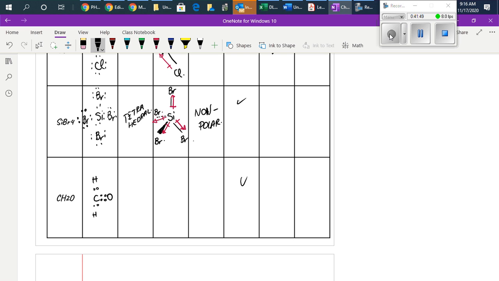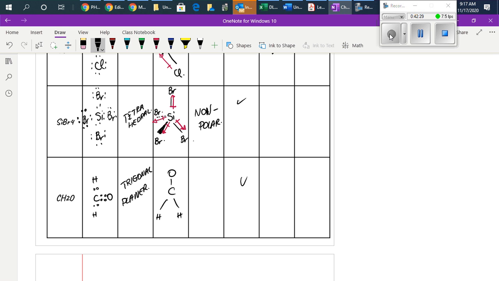And then the shape is trigonal planar, which is something like carbon, hydrogen, and oxygen here.